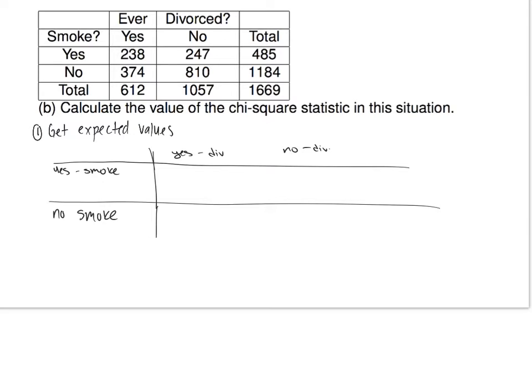Okay. So what numbers do I multiply for the first box? Row total is? Column total is, there you go, over 1669. That's approximately 177.84.